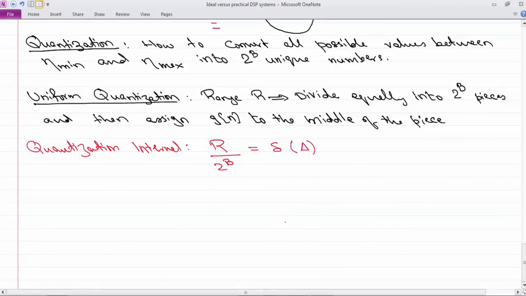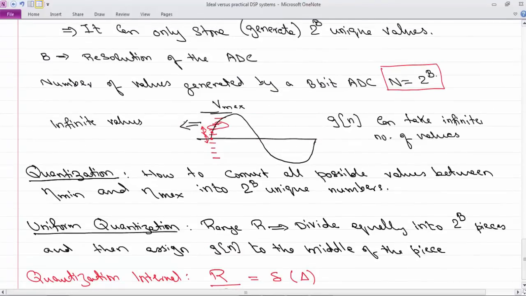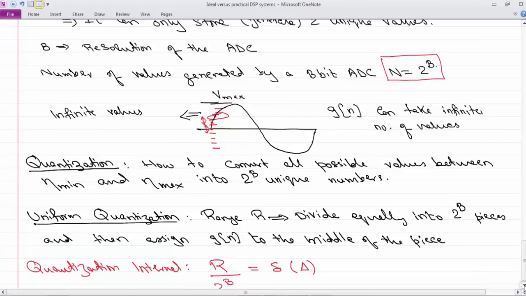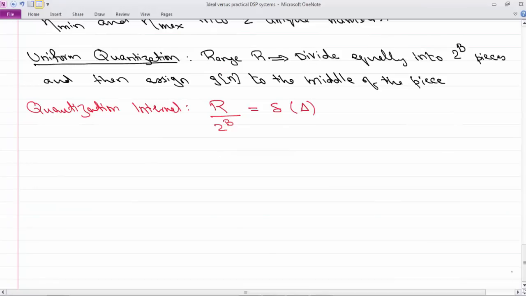So this is a picture where we have divided the y-axis explicitly into pieces. Right? So let's do it a little bit more carefully.